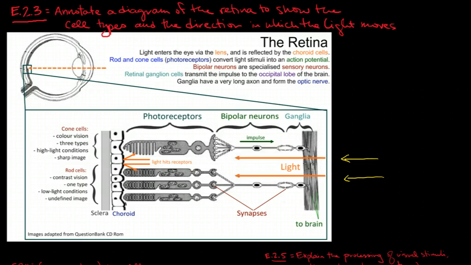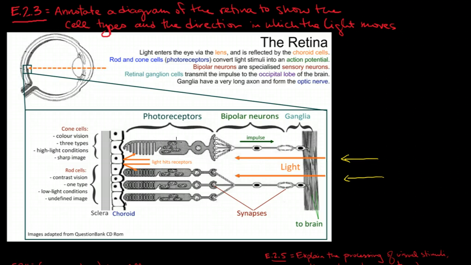Light's moving in through the ganglia, through the bipolar neurons, and then to the photoreceptors, to the rods and the cones. But that signal is actually hitting these cells in the back, the retina, the choroid in the back, and it's then sending a signal to the rods and the cones, which then propagate and create a synapse with these bipolar neurons.